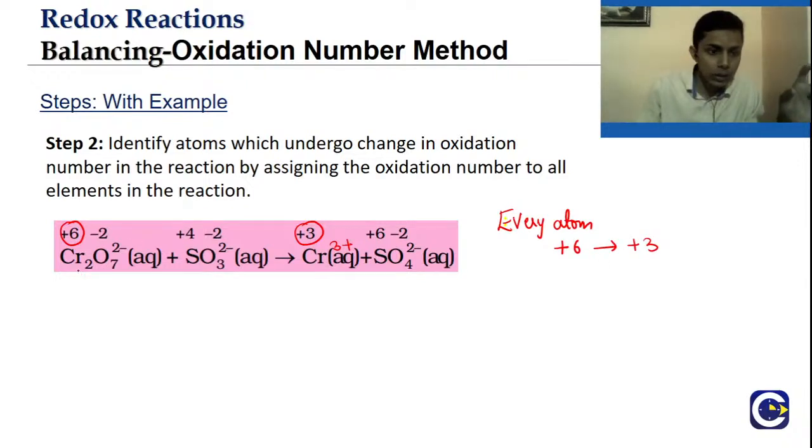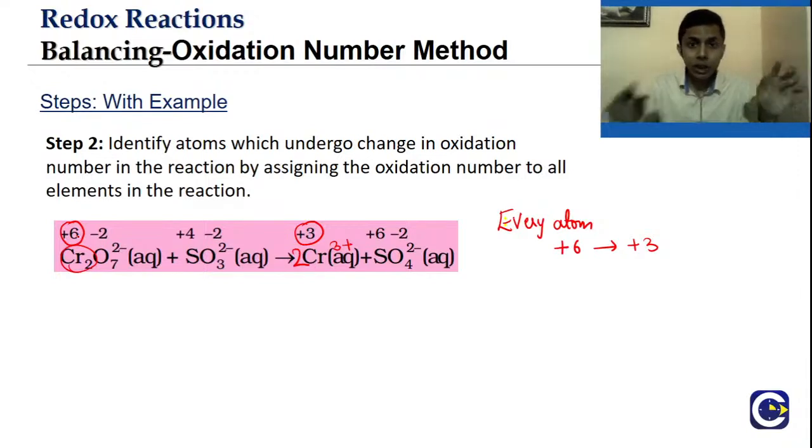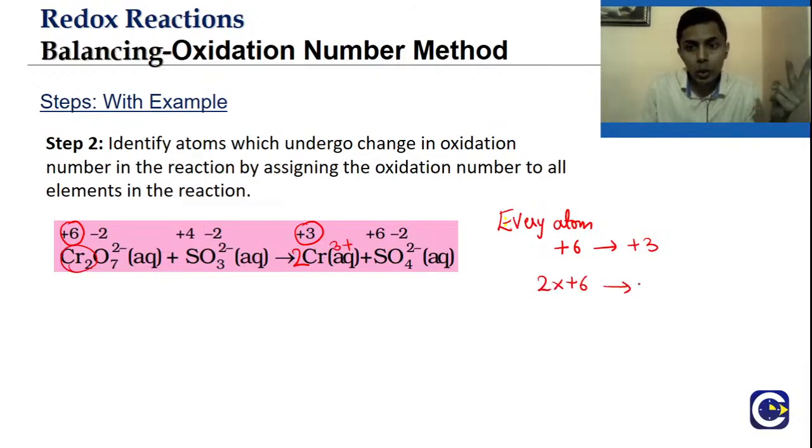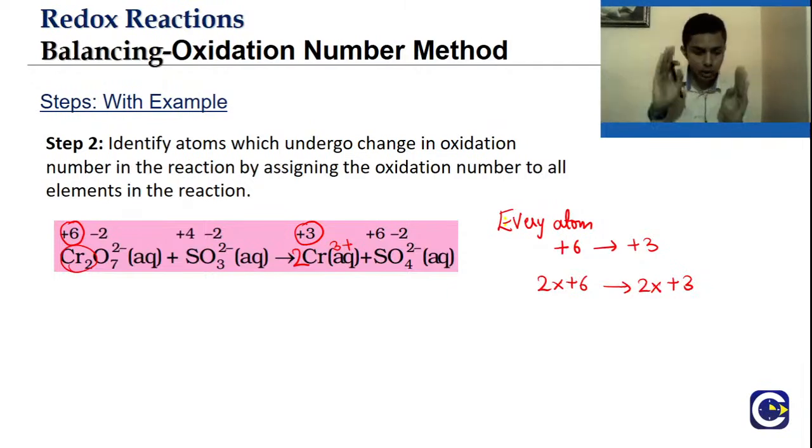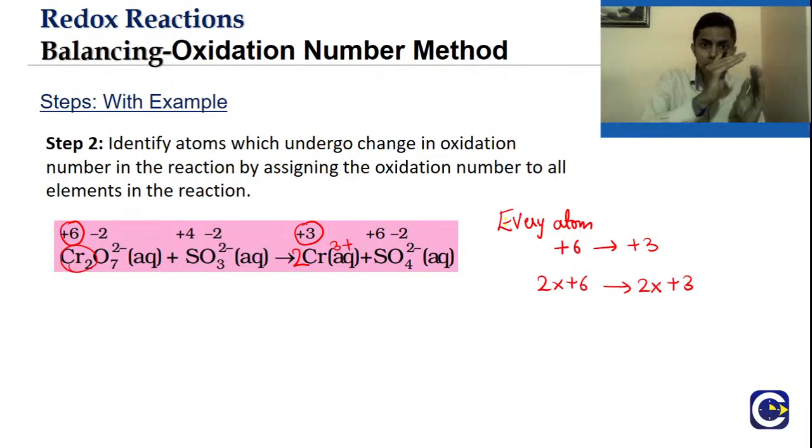Since two atoms of chromium are there, I can balance it to write 2Cr. Then the change in charge for two atoms will be 2 into plus 6 to 2 into plus 3. Is the increase in oxidation number clear to you? What does that mean?